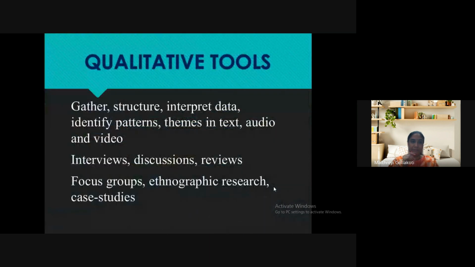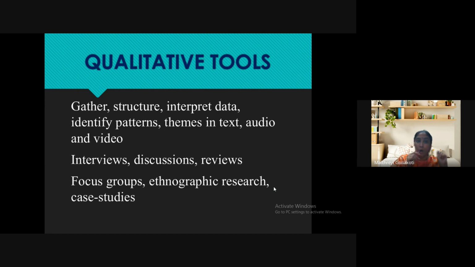Next, qualitative research. So what are qualitative research tools? What are the features of qualitative research tools? Let us try to understand. Qualitative research tools are used to gather, structure, interpret data, identify patterns and themes in text, audios, and videos.